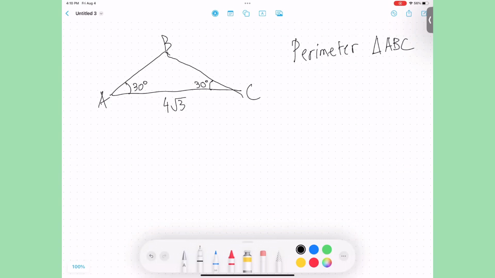This is something we covered last week, so you guys should be familiar with this as well. Or yeah, I'll just give you this side as well. Actually, you don't need side BC.